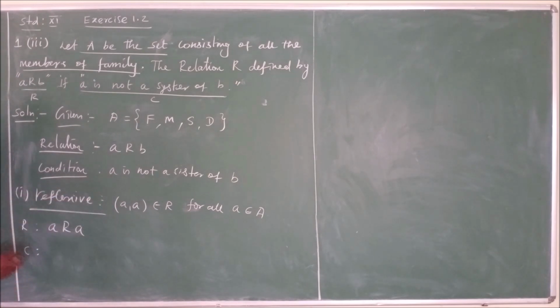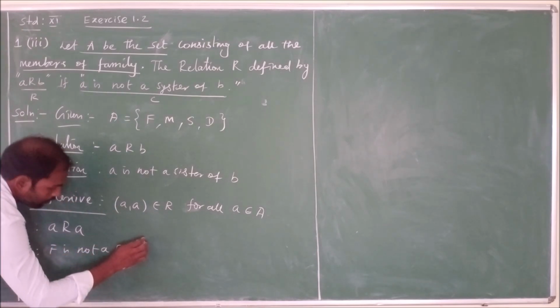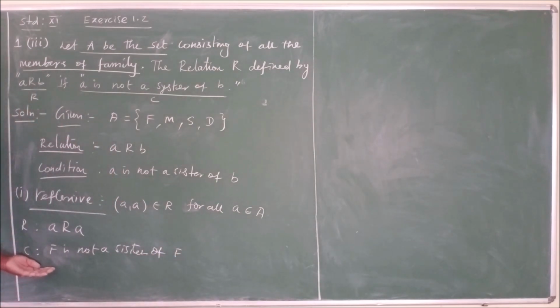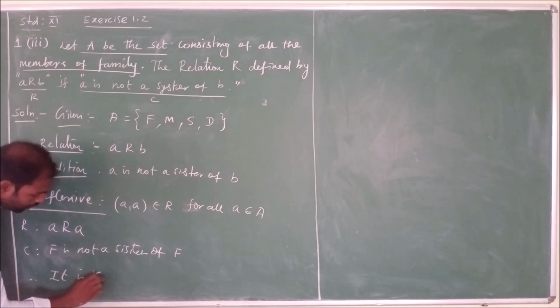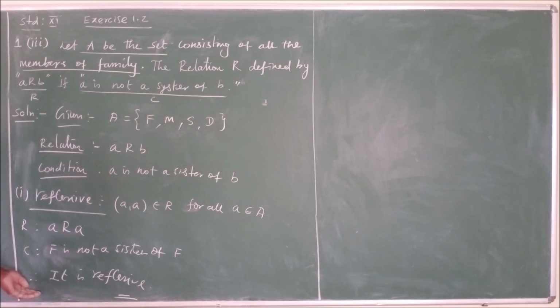So the condition is: F is not a sister of F. M is not a sister of M. S is not a sister of S. D is not a sister of D. Therefore, hence it is a reflexive relation.